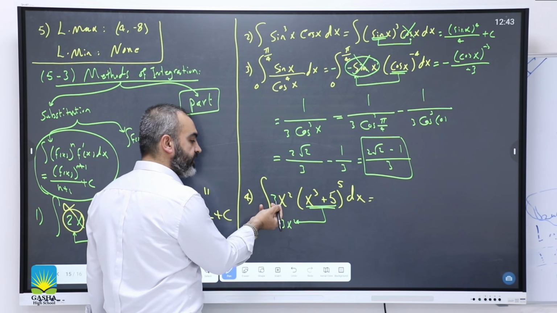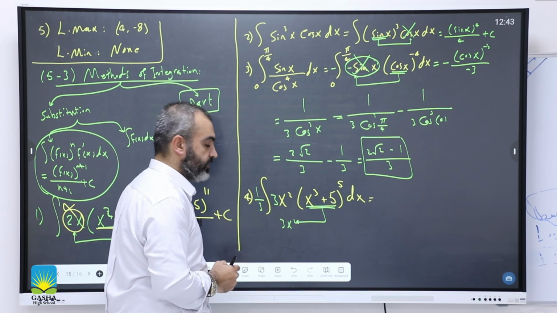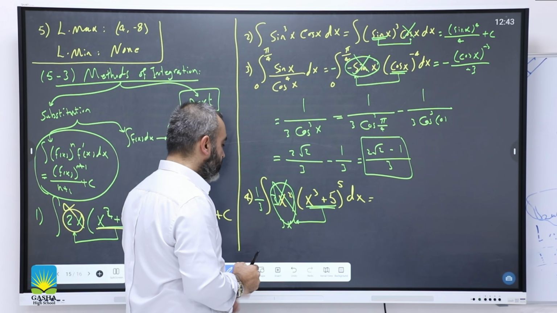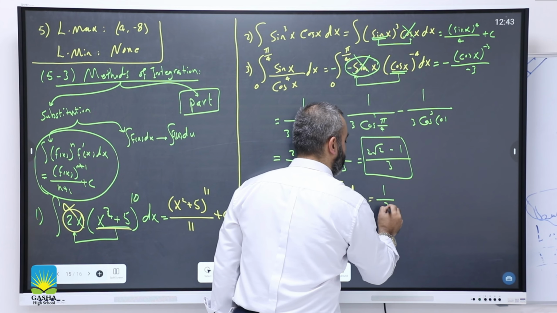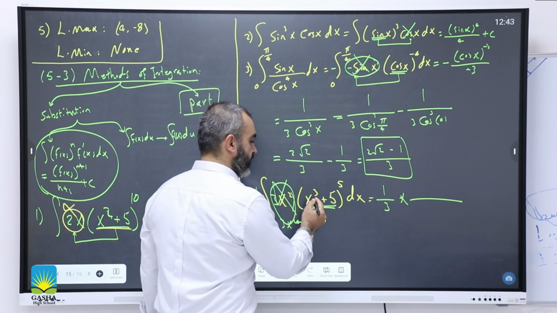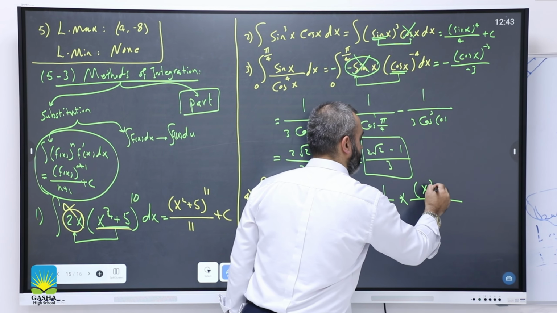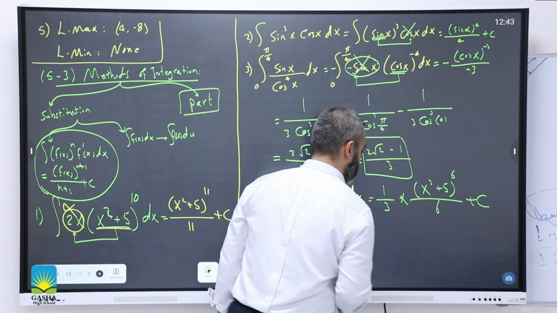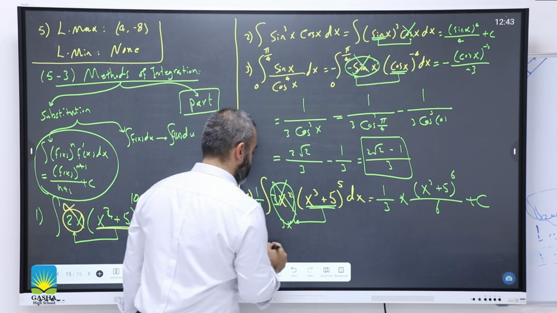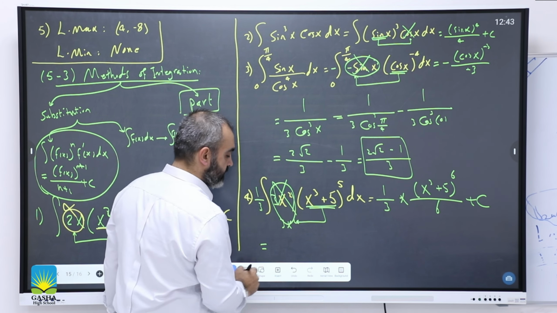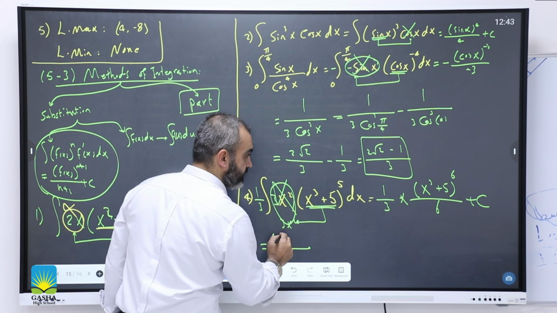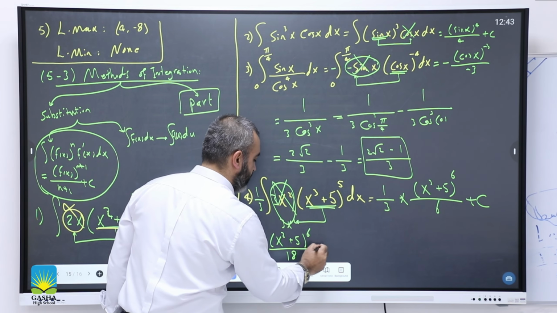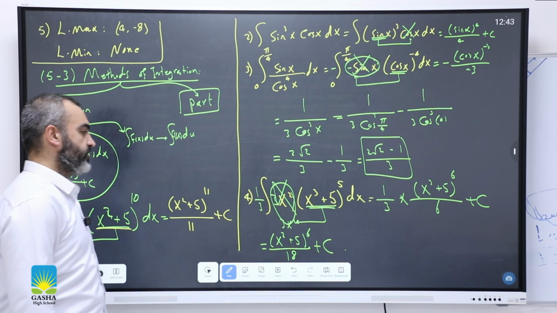So we add 3 here and 1 over 3 here, right? We cancel the derivative and write 1 over 3 times x cubed plus 5 to the power 6 over 6, plus c. Multiplying 3 times 6, it equals x cubed plus 5 to the power 6 over 18, plus c, right?